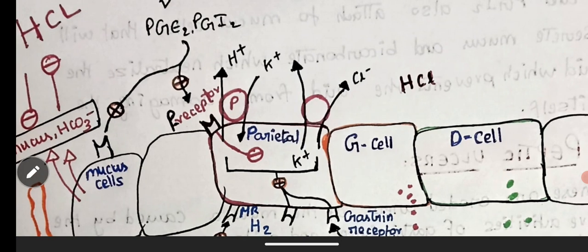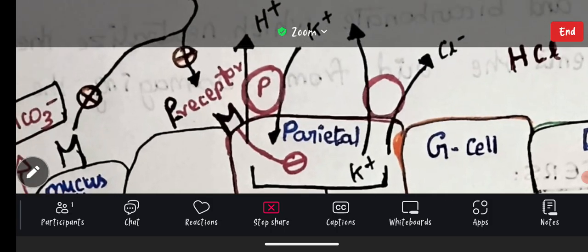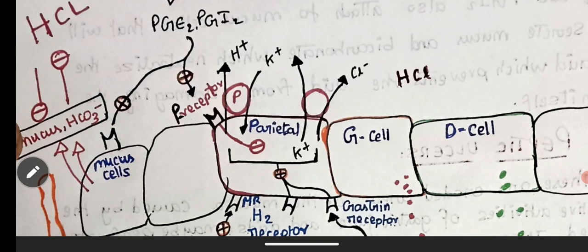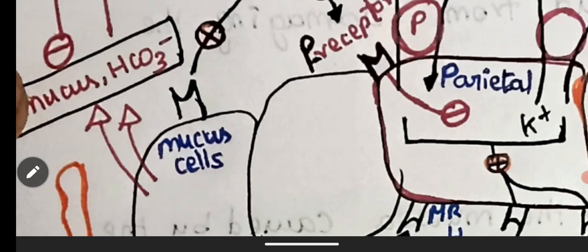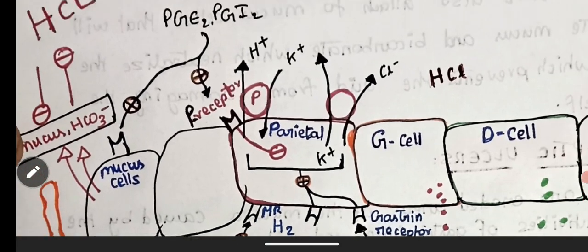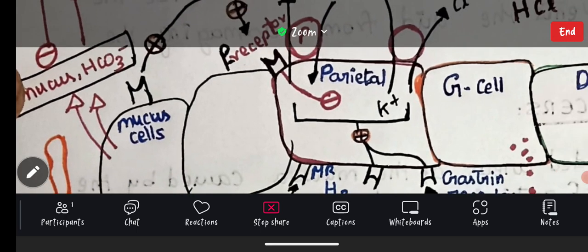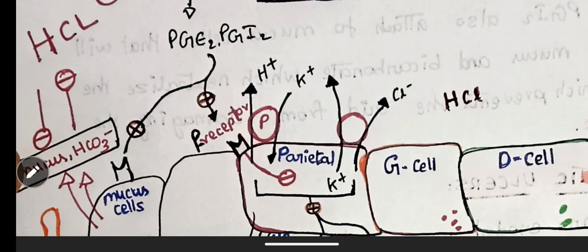It's going to bind to the mucous cells also, and the parietal cell also has prostaglandin receptors, and it binds to the parietal cells and inhibits the process of HCl secretion. Then it binds to the mucous cells, then mucous cells secrete mucus and bicarbonate, which inhibit the HCl secretion.